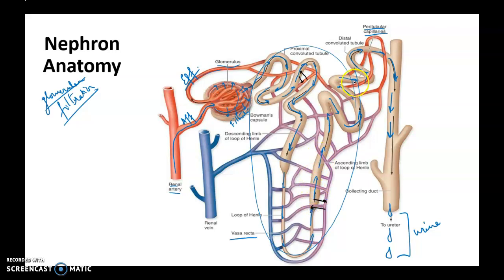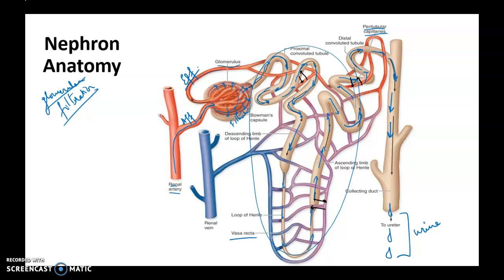So there is this exchange going on between the capillary network and the tubule. And as things move in and out of the tubule and the blood vessel, of course that changes the composition of the filtrate flowing. And eventually when all this exchange ends, then we end up having urine, which is the fluid that we get at the very end of the collecting duct.